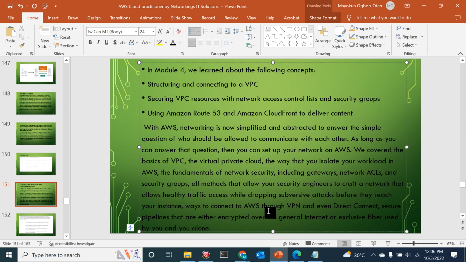Ways to connect to AWS through VPN and even Direct Connect: secure pipelines that are either encrypted over the general internet or exclusive fiber used by you and you alone. That's our AWS Direct Connect.